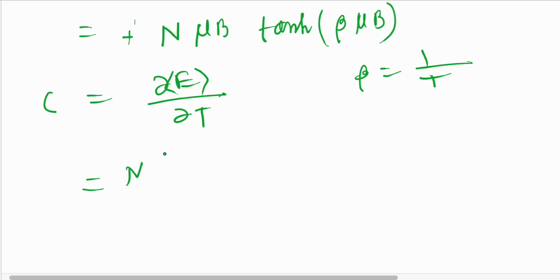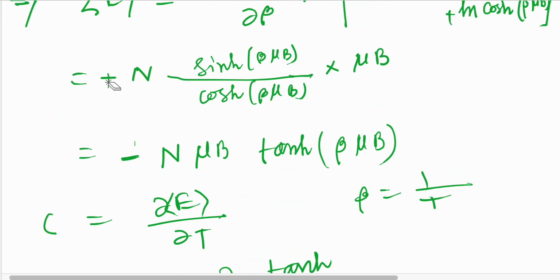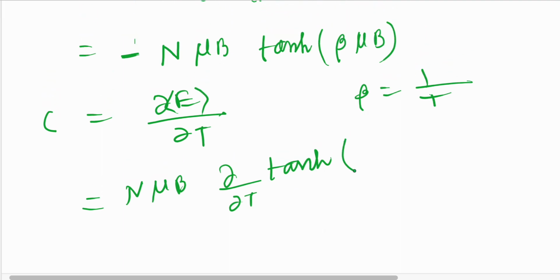First, N mu B times del T of tanh, and the negative sign is there, not absorbed by anything. It is tanh of mu B by kT.